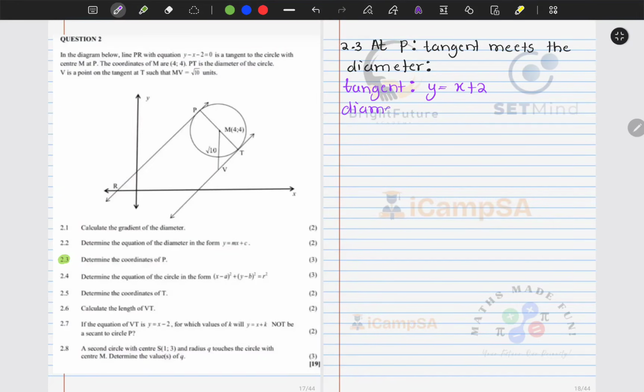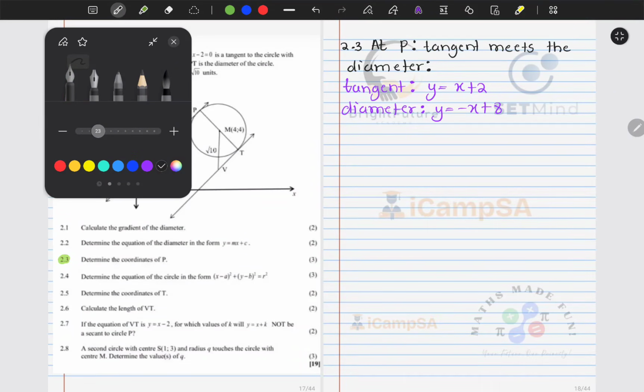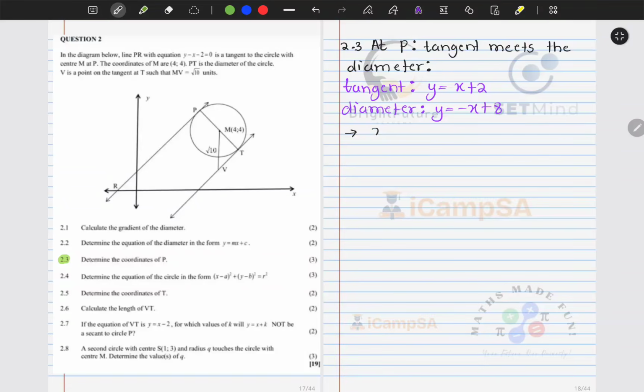Our diameter, we just found it to be y equals negative x plus 8. So these must be equal. So what this means is we'll have x plus 2 equaling minus x plus 8. So we can transpose this and transpose that. So what we end up having is x plus x equals 8 minus 2. So we end up getting 2x equaling 6.